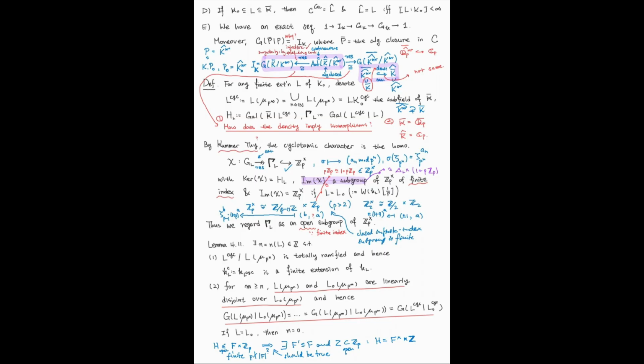I see. The map is from the density. Okay, let's just look at the left isomorphism first.